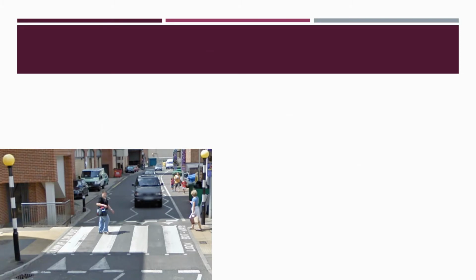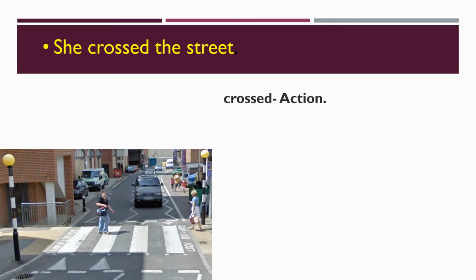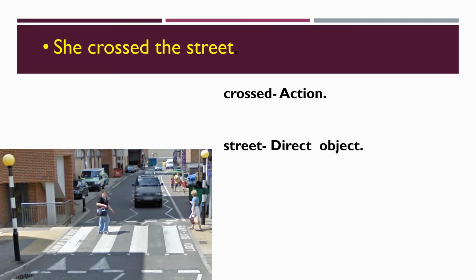So let us look at another example. She crossed the street. Cross is the action which is done by her, and street is a direct object. So it is a transitive verb.